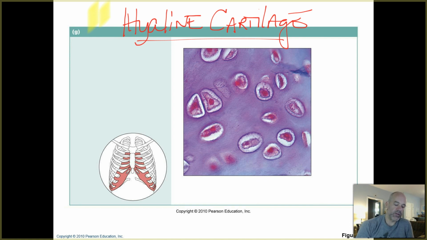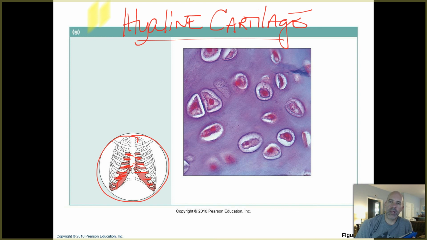You guys know cartilage as gristle on chicken bones. If you eat chicken, that's hyaline cartilage. You're going to find it at your joints where bones come together. The example that they're showing you here, you have cartilages attached to your ribs, between your ribs and the sternum, the breastbone.